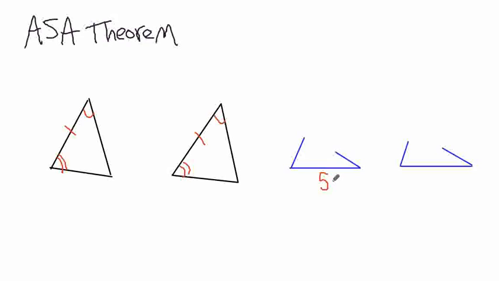Let's say this was 5 meters, and let's say the other one was 5 meters, and then I'm insisting that the left angles, let's say, are 70 degrees, and that the other bottom angle, the angle on the right, is 40 degrees. So that's the ASA situation.